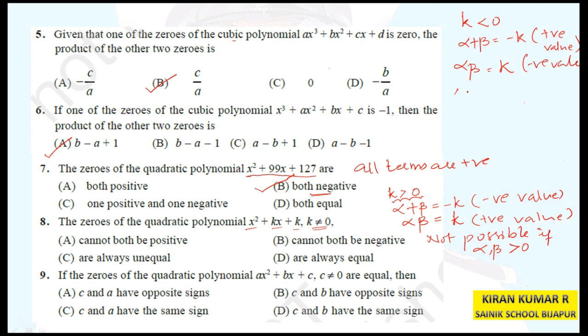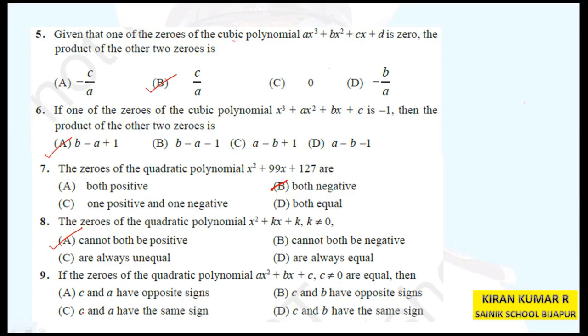Again, this is not possible if alpha and beta are greater than 0. Therefore, option A is the right answer. Cannot both be positive. We have seen one of them is negative, another will be positive.